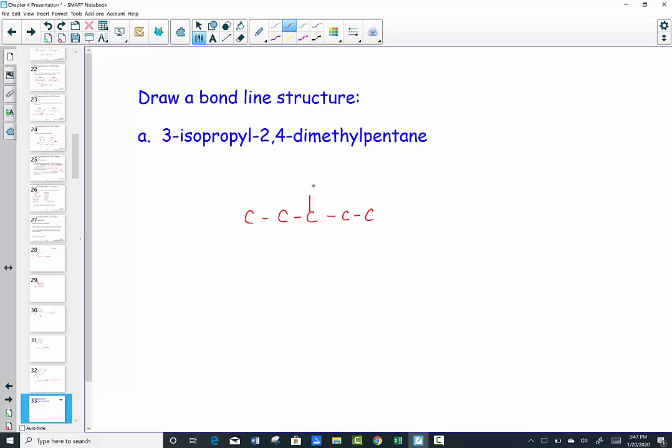Carbon 3 has an isopropyl, so that means I have a group such as this 3-carbon branch where the attachment is from carbon 2 back to the parent. Carbon 2 and carbon 4 have a methyl in a 5-carbon chain. All right, so 1, 2, 3, 4, 5 carbons in the parent chain. Carbon number 2, there's a methyl.